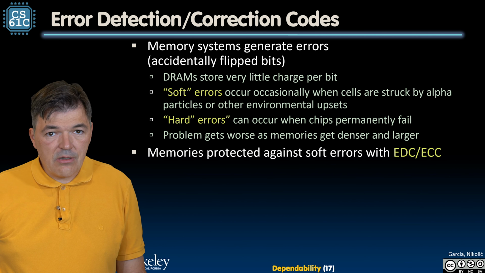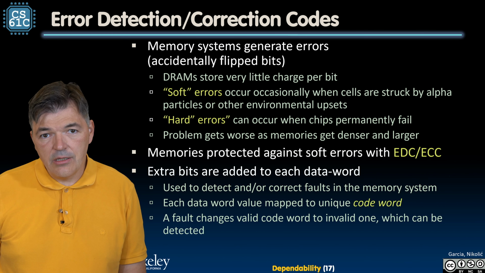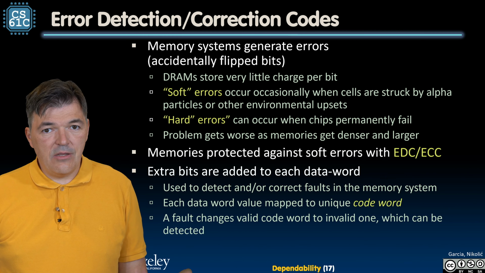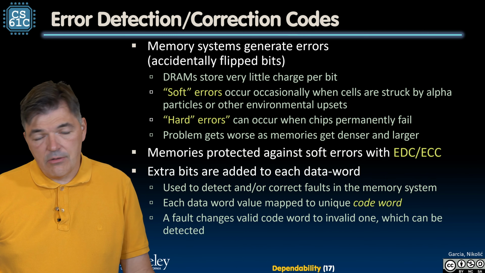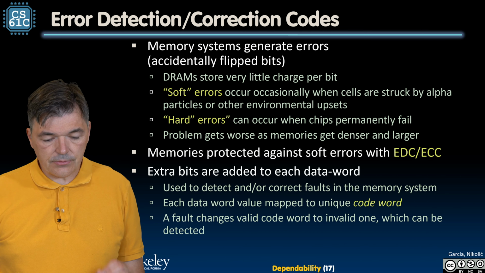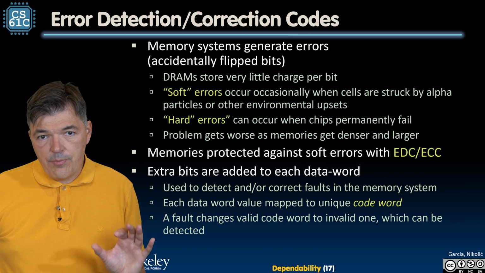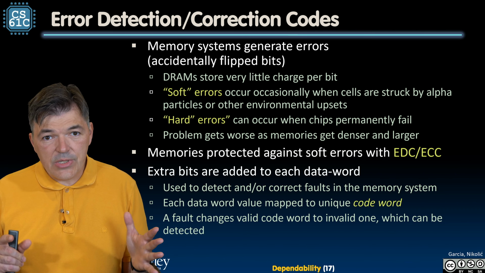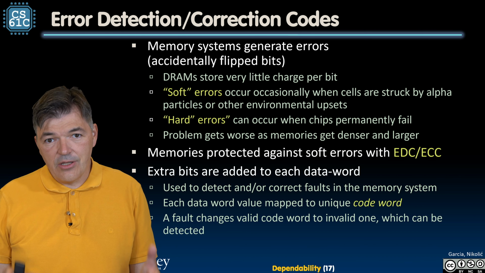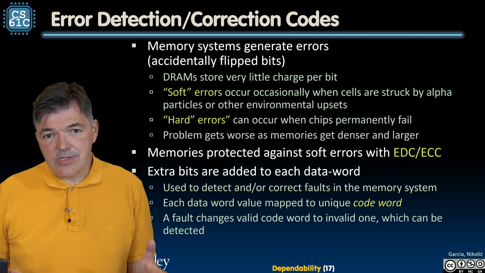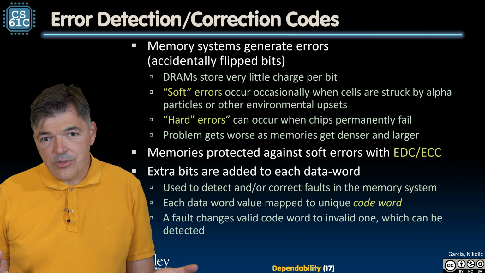So the idea here is to add a little bit of redundancy in our memory systems to tell us if a particle strike or supply disturbance has altered some bits. These extra bits, as opposed to just replicating the entire words, present a lot less overhead, a lot less redundancy, but give us good enough protection.